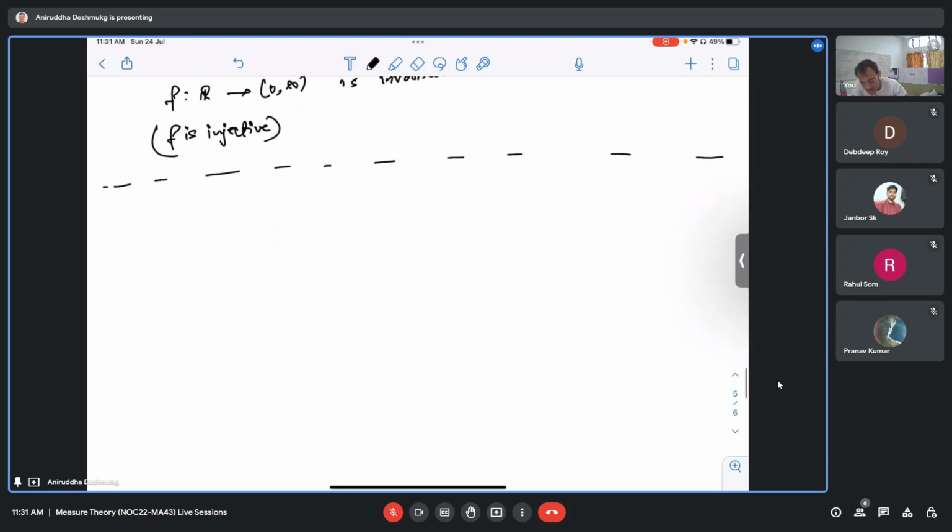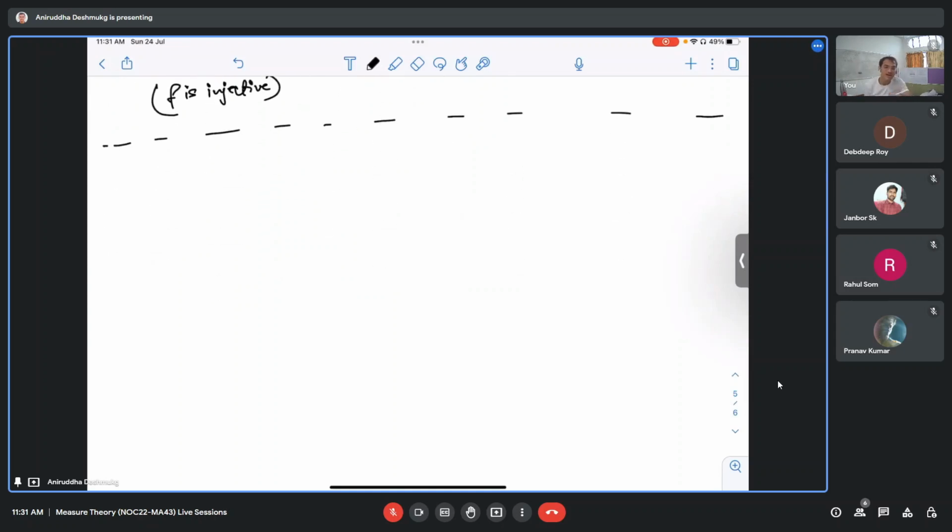Now what we want to look at is set operations. So we know the basic set operations, right? Union, intersection, and complement. So what does this mean?